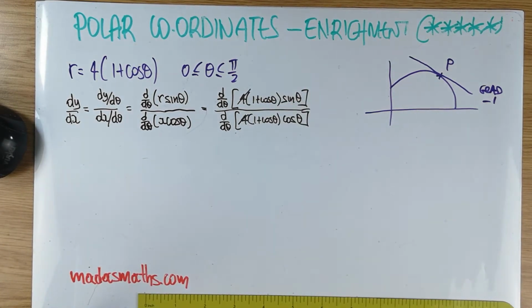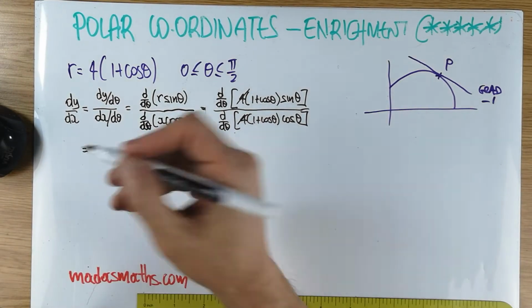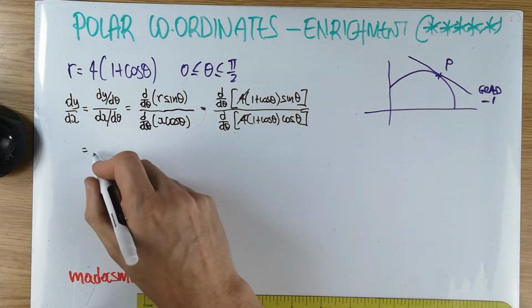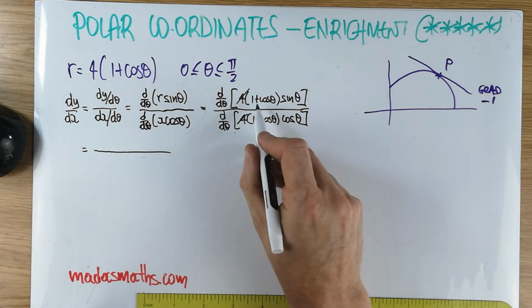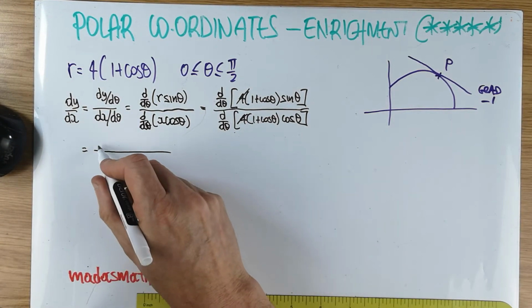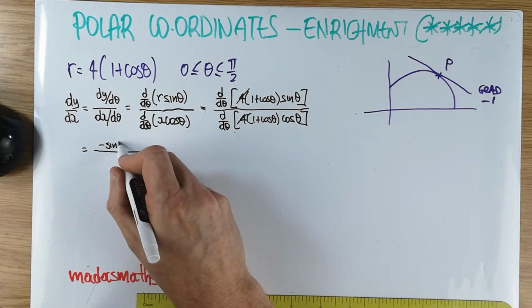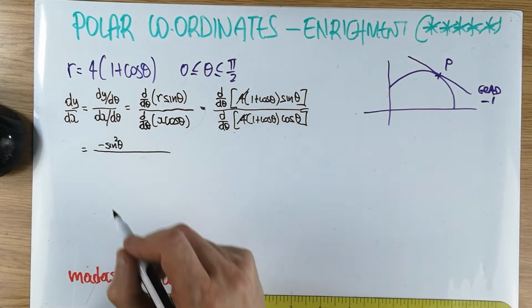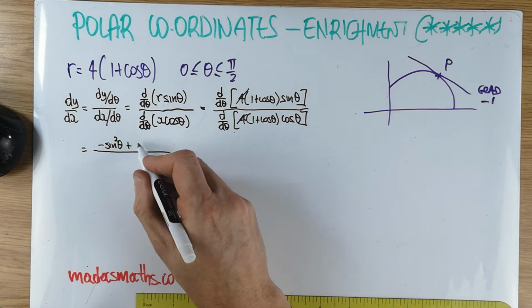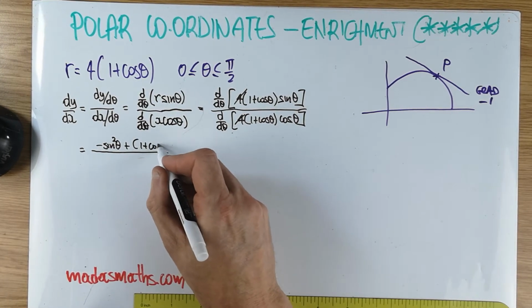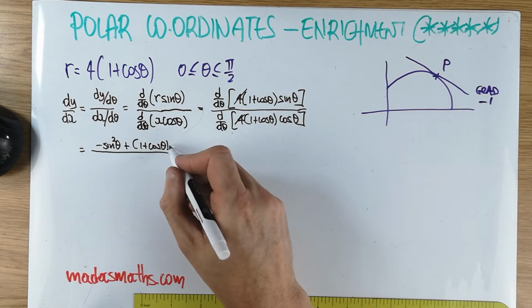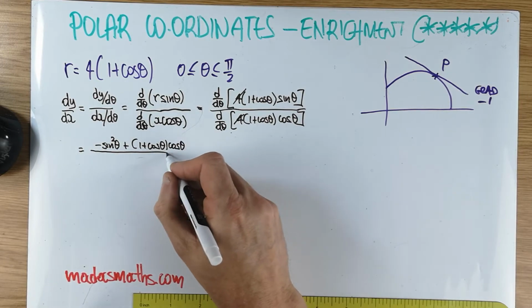Shall I multiply the brackets before I differentiate, or shall I leave it like that? Let's leave it like that and see what happens. It's not that hard anyway, the differentiation. So looking at the top, first of all, differentiate the bracket: minus sine theta times another sine theta, let's make it squared, plus leave the bracket alone, 1 plus the cos of theta, differentiate your sine, it's going to go to a plus cos.